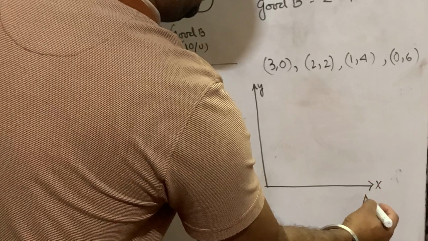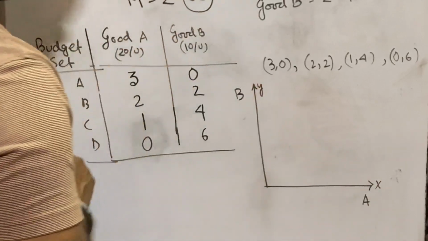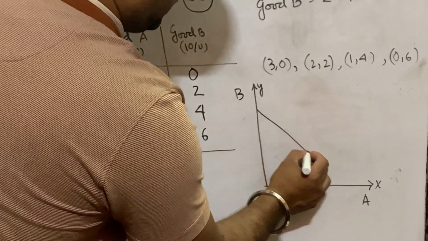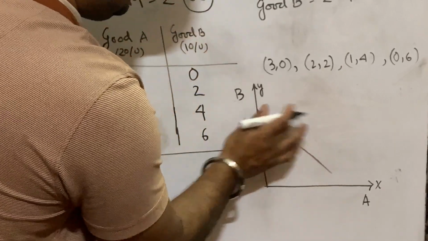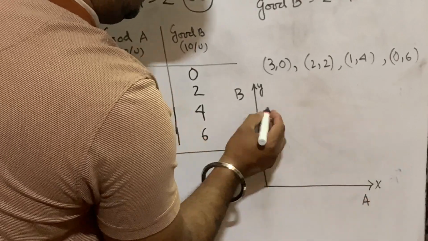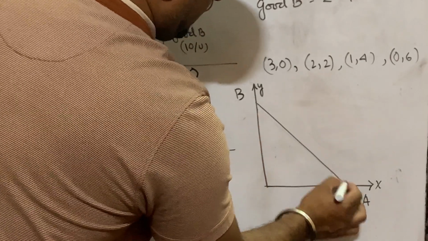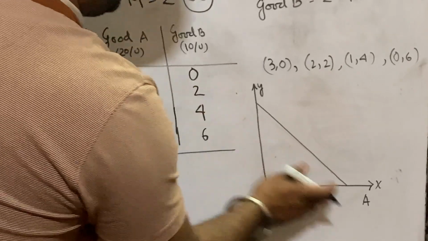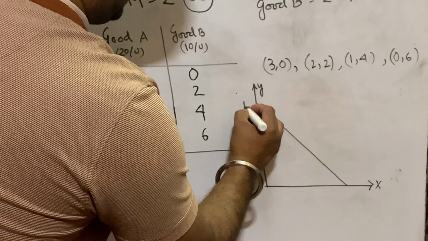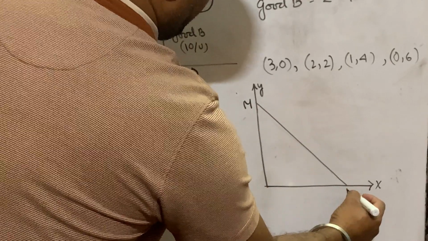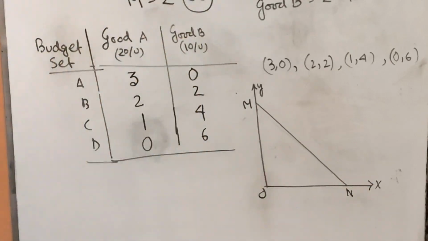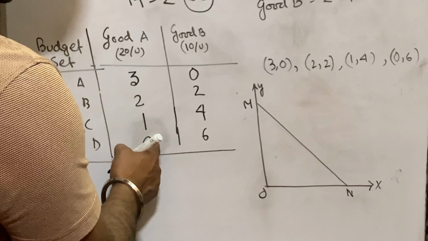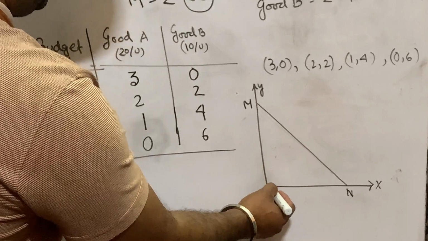Now if we plot these on graph paper, we will get the budget line. Here we are measuring good A, here we are measuring good B. If we plot these points, we will get this shape, which is always a straight line. This is called the budget line, denoted by the symbols M and N. If we plot all these points on graph paper: the first one is 0, 6, meaning X-axis 0, Y-axis 6.